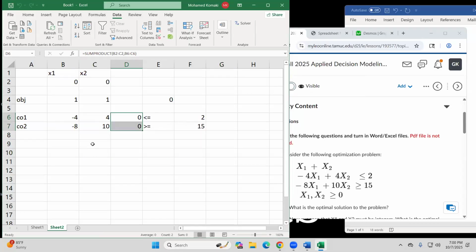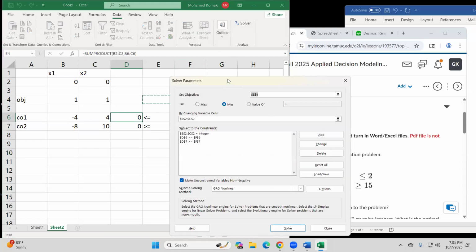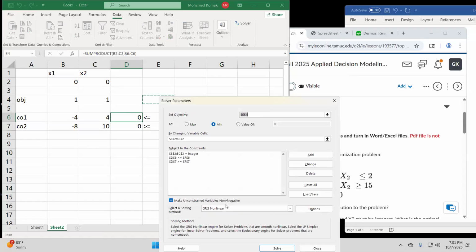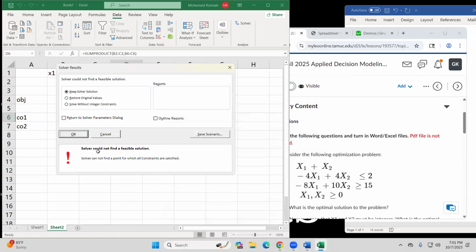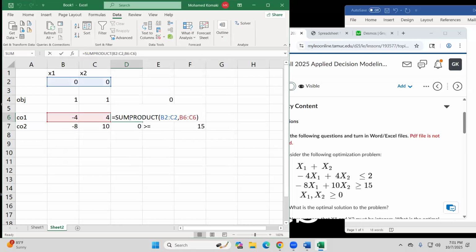So when we solve this, okay, so I made some mistakes, I guess. Oh, yeah, thank you. And again, so let me check.